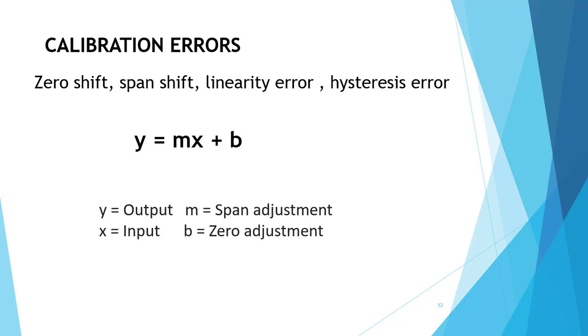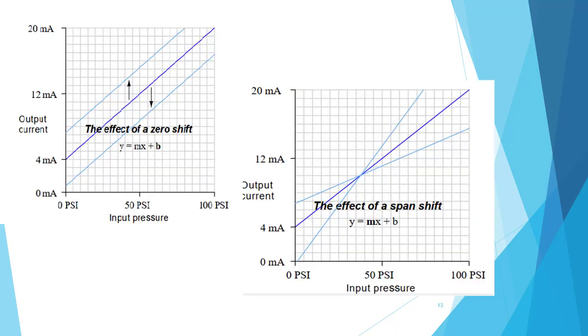Y is output, x is input, m is span adjustment, b is zero adjustment. Zero shift is when the line is different from the standard at zero. If you see this, you should do a zero trim calibration.